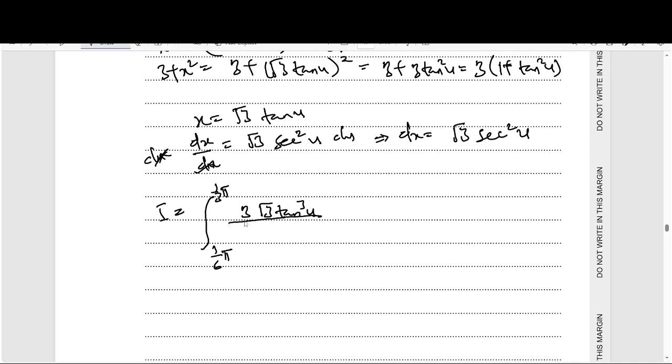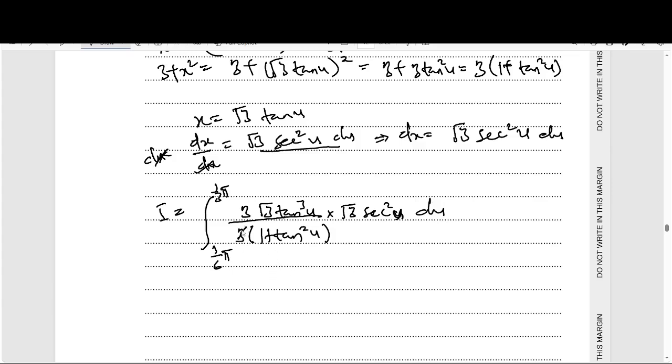I factored out 3, so I'm going to write 3 out here, and then 1 plus tan squared u. Then times dx. dx is now root 3 sec squared u. Remember, over here, dx is everything here times du, so I needed to bring a du here. So I attach du to this. And that's it. So what we need to do over here is to simplify these things, right?